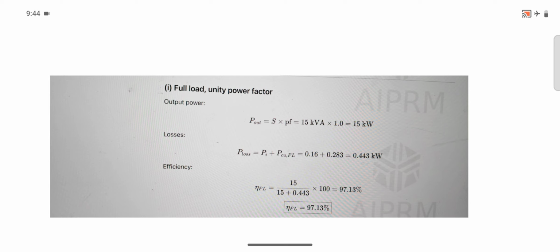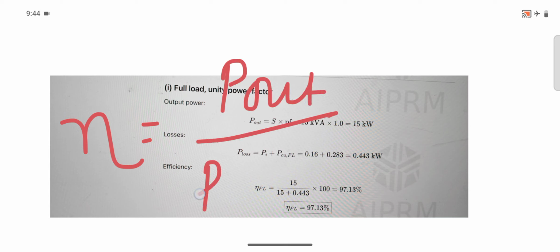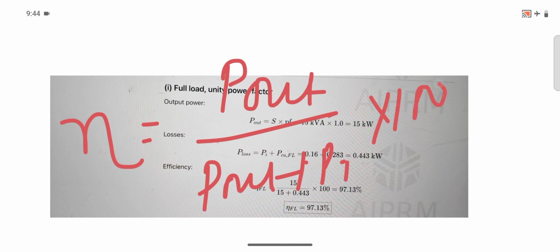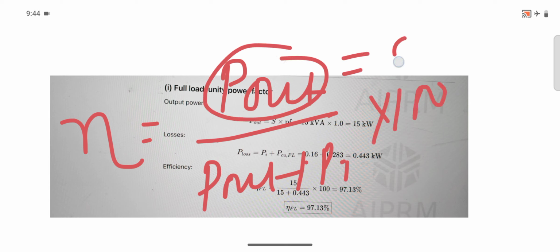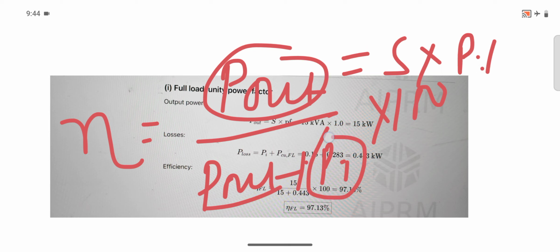So first we have to remember: efficiency is power output divided by power output plus total loss, into 100.